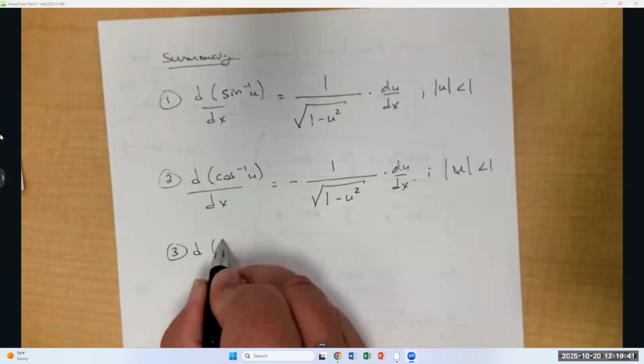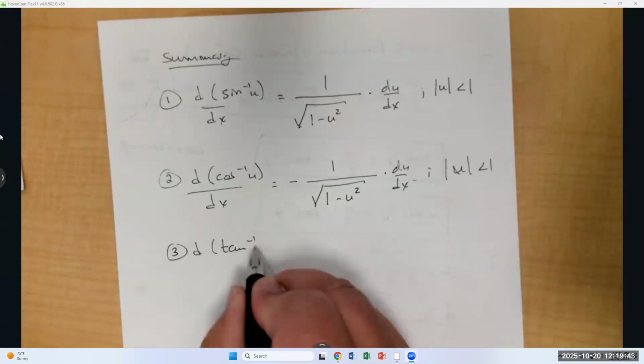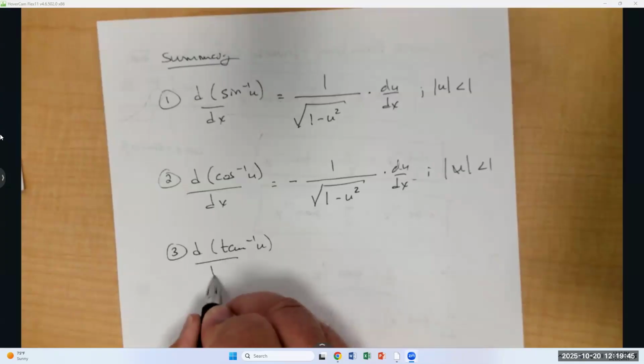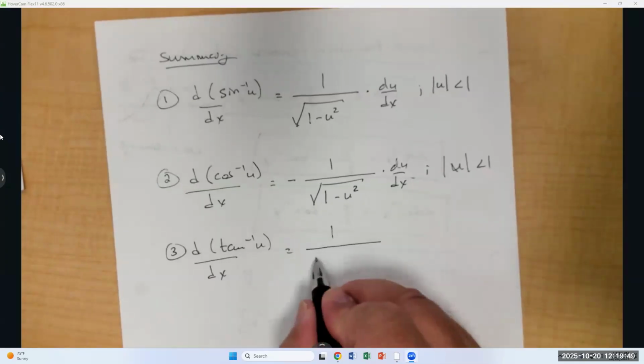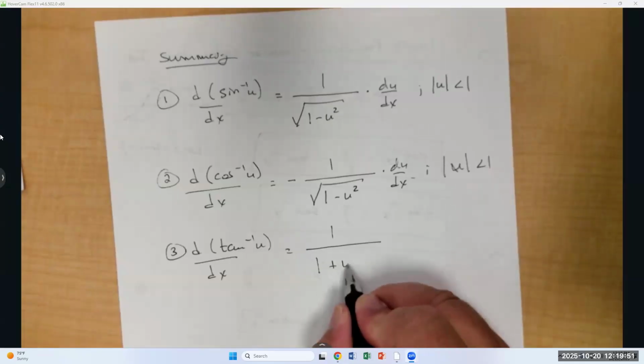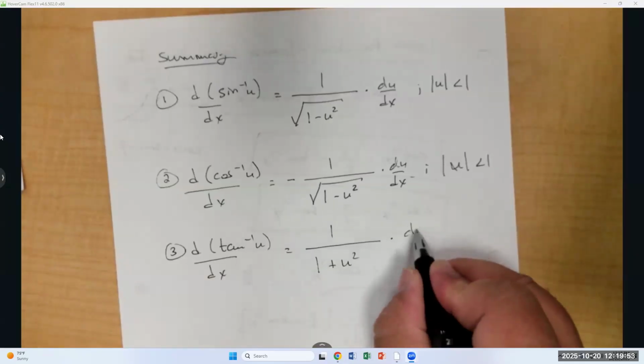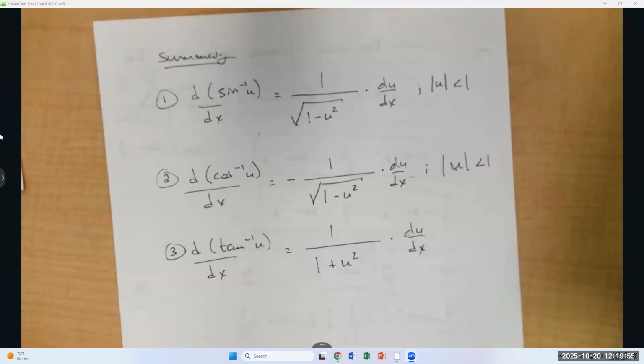The derivative of the arctangent is 1 over 1 plus u squared times du/dx.